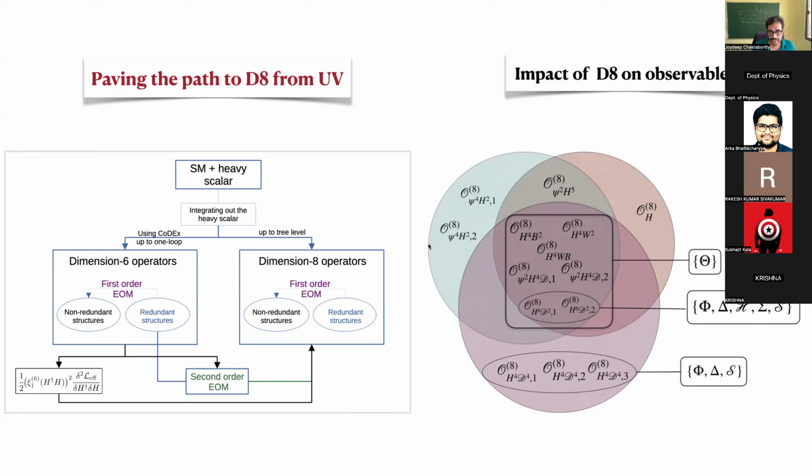Now, this light green is basically for the electroweak observables, the Higgs signal strength is this, and this is the VBS. And these are different kinds of dimension 8 operators participating in these quantities. If I take on board all these quantities, then the way I demonstrated breaking the degeneracy among the different models based on the data, similarly at dimension 8 you can perform the similar analysis, and that tells you the status of the degeneracy in this theoretical space based on dimension 8.